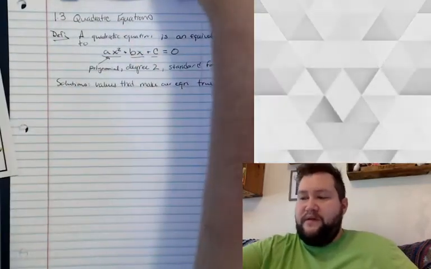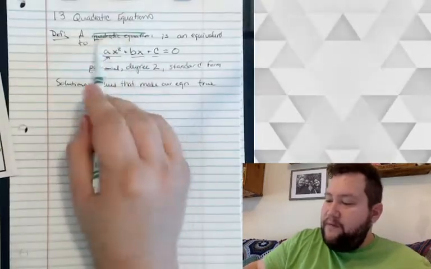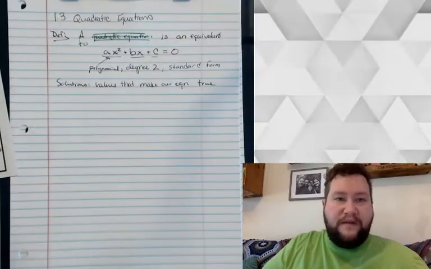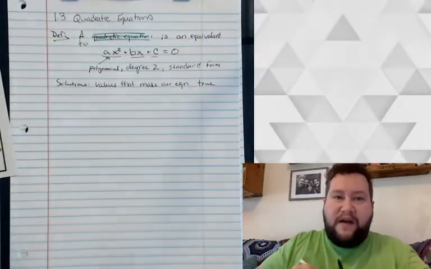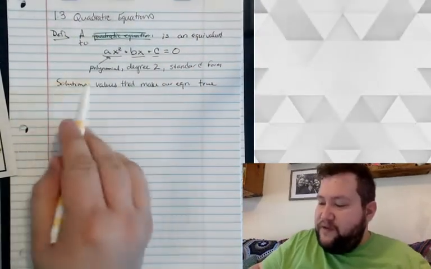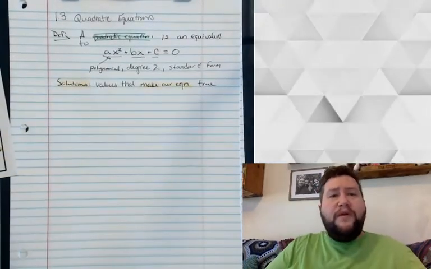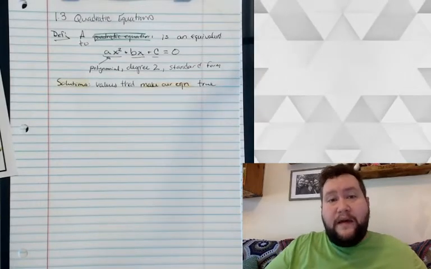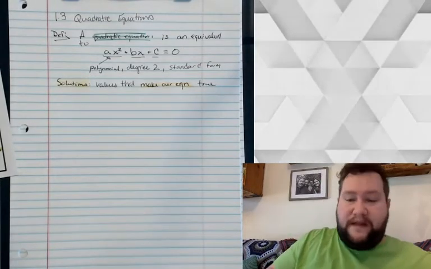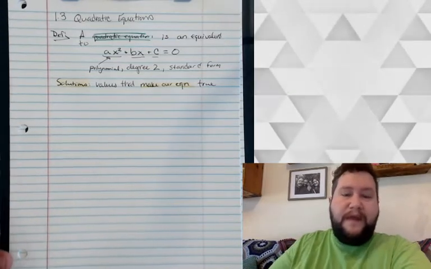To point out some of these keywords: this is called a quadratic equation, and solutions are values that make our equation true. So what we're looking for here are values that make our quadratic equations true, and that's what we'll call solving quadratic equations.